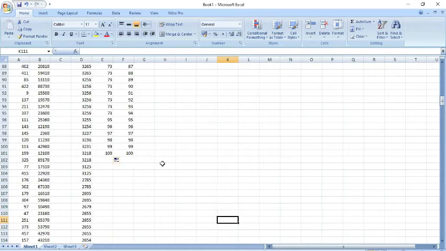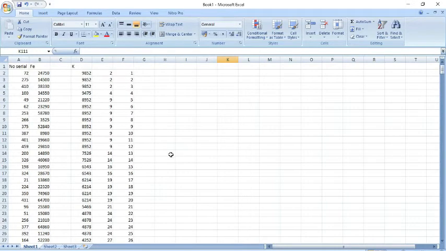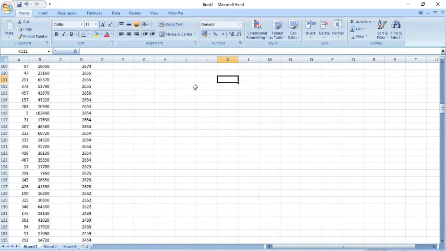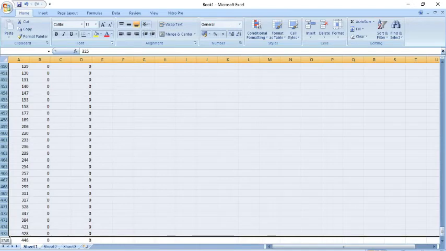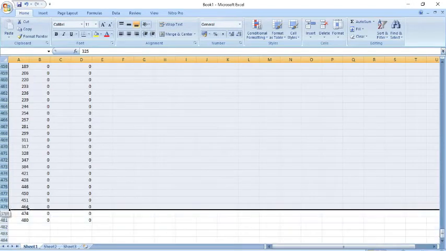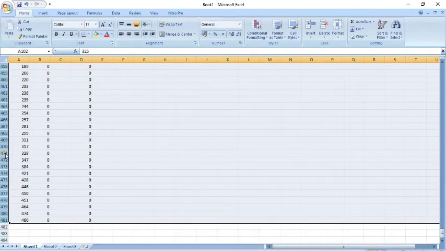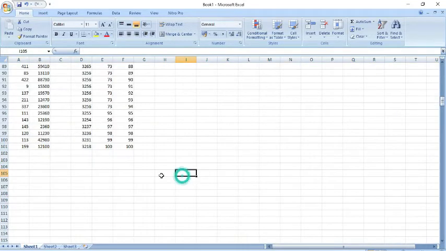Okay, then the same thing. Here I can remove those numbers. We can remove those numbers.